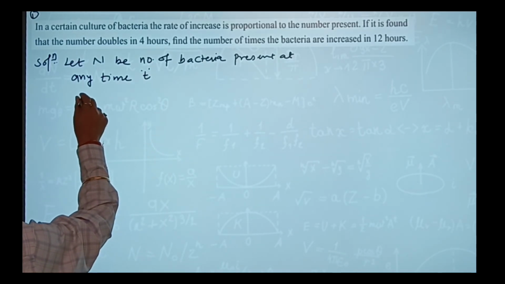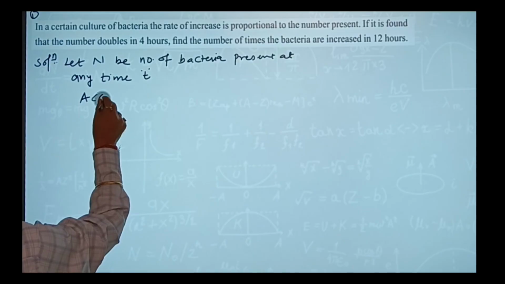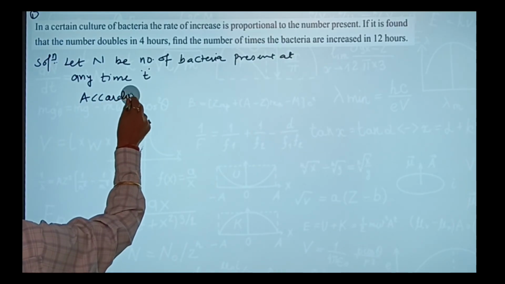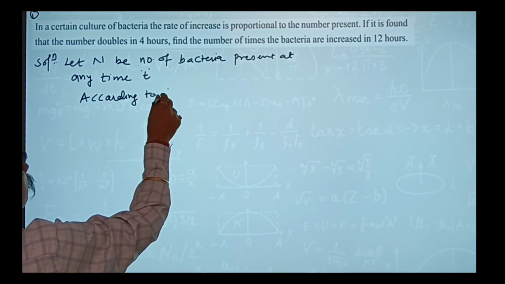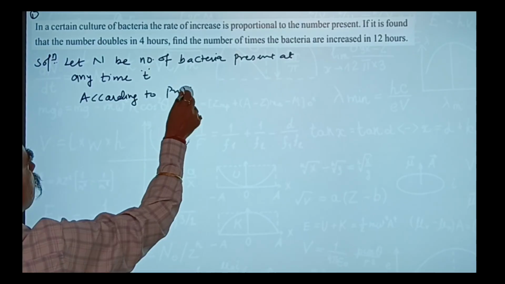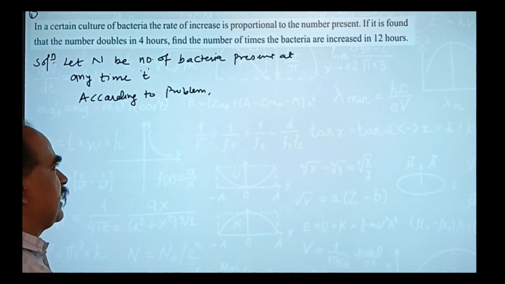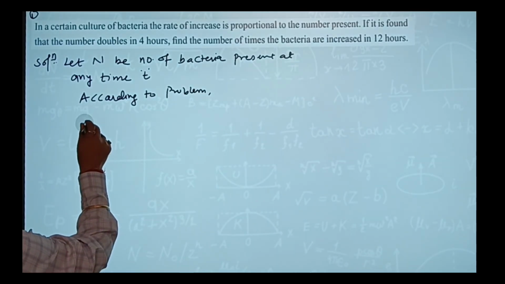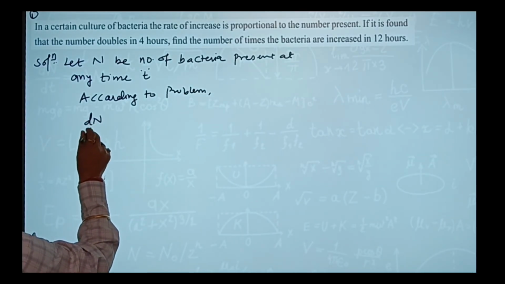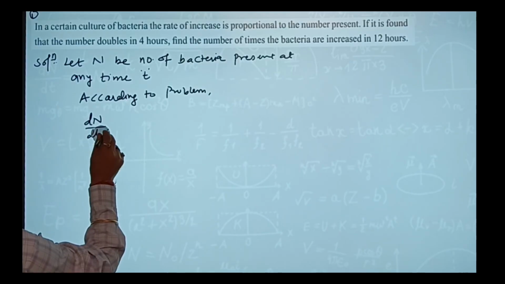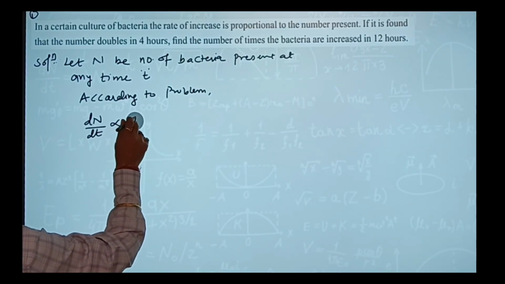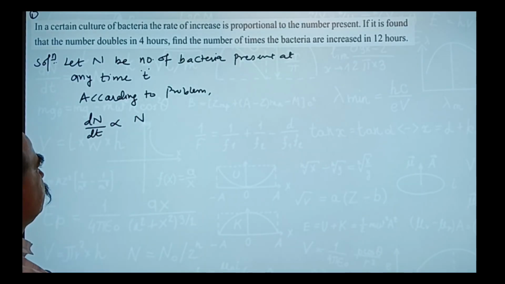According to problem, the rate of increase, dn by dt, is proportional to number of bacteria present at time t, and that is n.